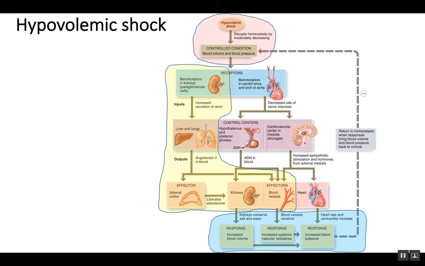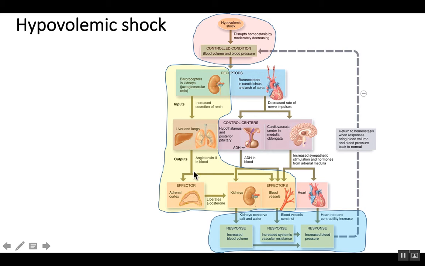One of them being ACE, angiotensin converting enzyme, which is actually produced by the lungs, which converts angiotensin 1 into angiotensin 2. So there we have angiotensin 2 in the bloodstream. And what it's going to do is, one, stimulate the adrenal cortex to produce aldosterone.